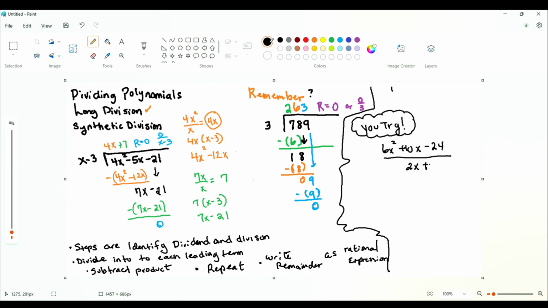Alright, so let's say that you were given 6x squared plus 10x minus 24 divided by the quantity 2x plus 6. Make sure you set it up correctly.